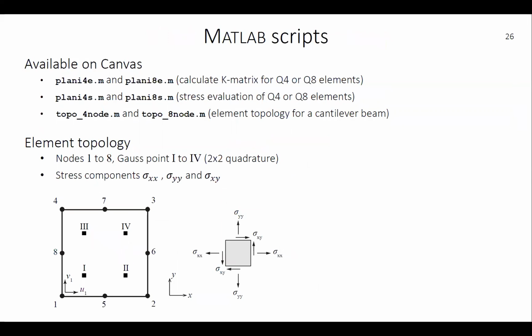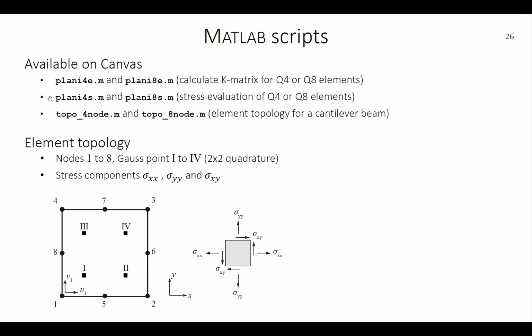So yeah, actually now we come to the part of the MATLAB scripts, which are available on Canvas. I don't know if you have had time to look at it. I can also open MATLAB and show it a little bit if you like. So we have these 4 functions, Plany4e and Plany8e, which are used for calculating the K-matrix for the Q4 and Q8 elements.